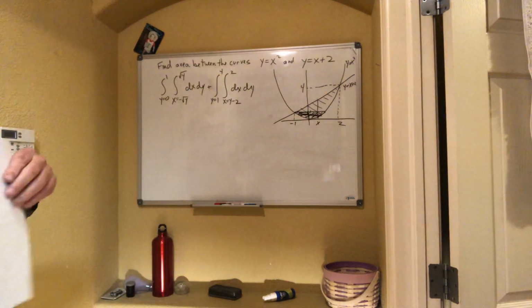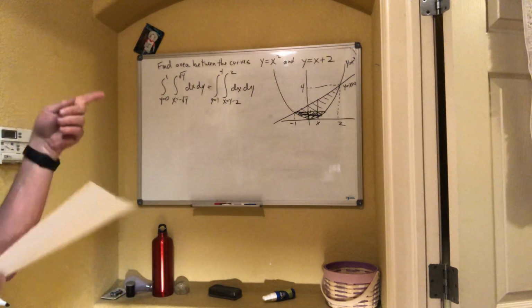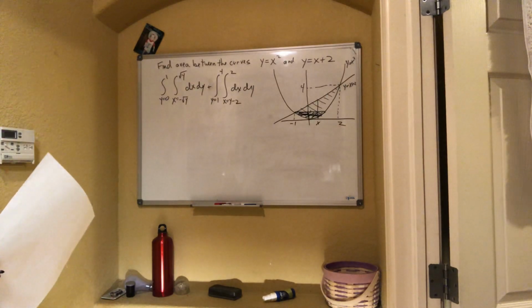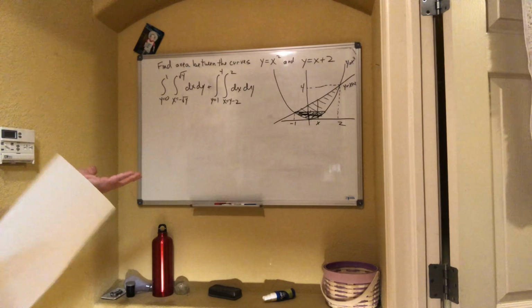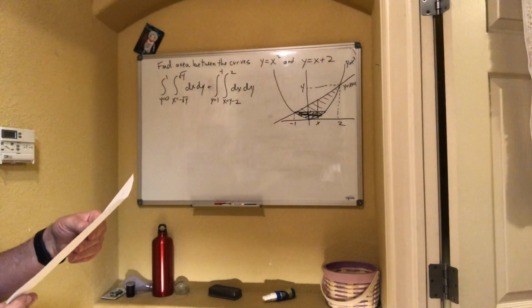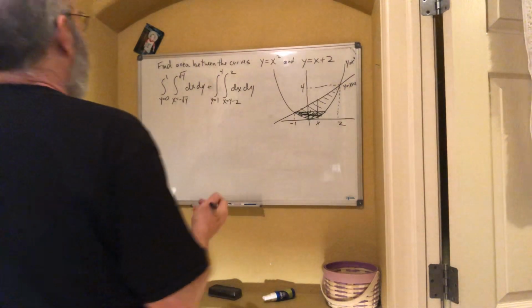So I made that comment earlier that this is not vertically simple, but it can be broken up into two regions that are, and I can still do these integrals, and there's not much to it, right?